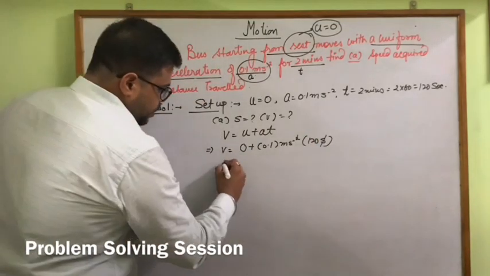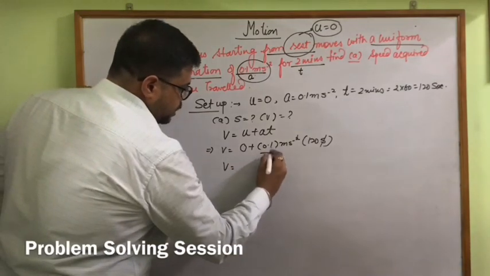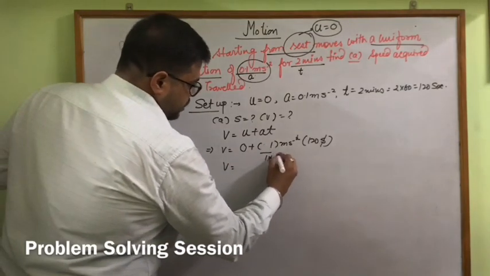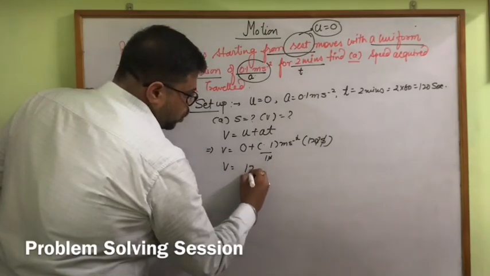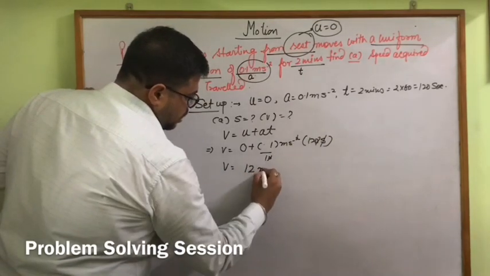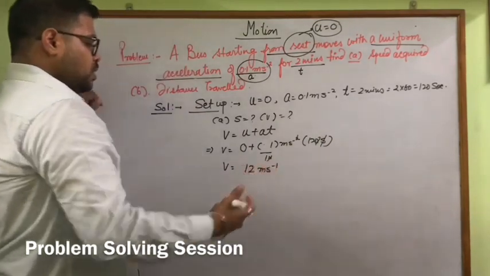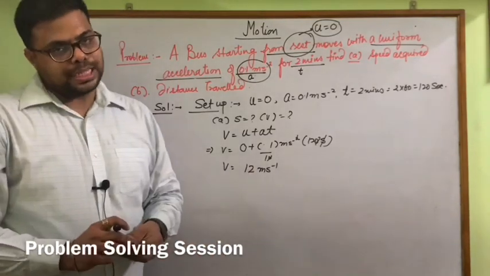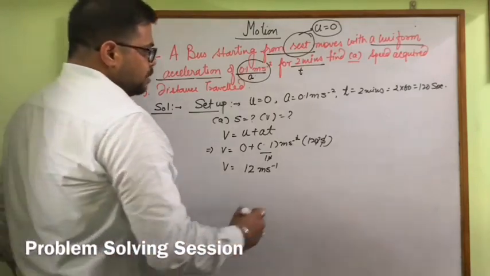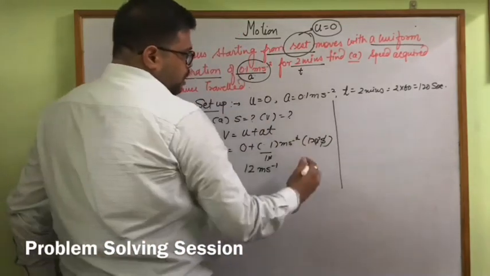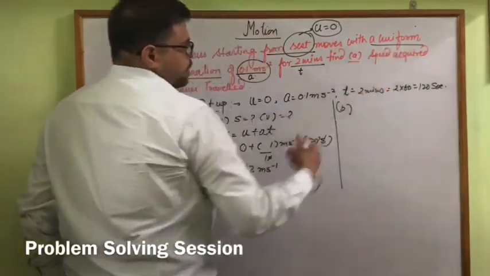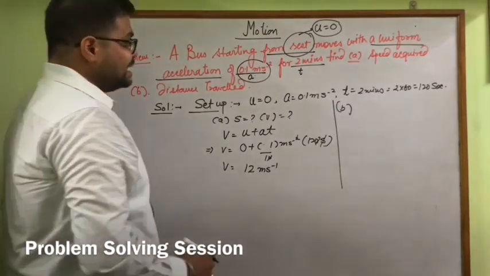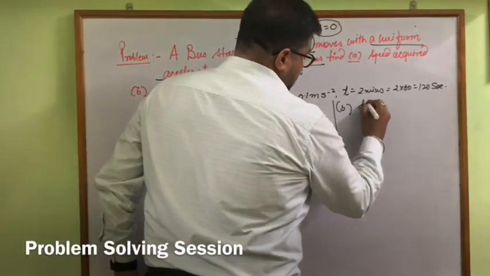So velocity will be 12 meter second inverse. So here the first answer we got is 12 meter per second. Now in the second part, we can solve part B. In this question we have to solve the distance traveled, means how much distance they have traveled.